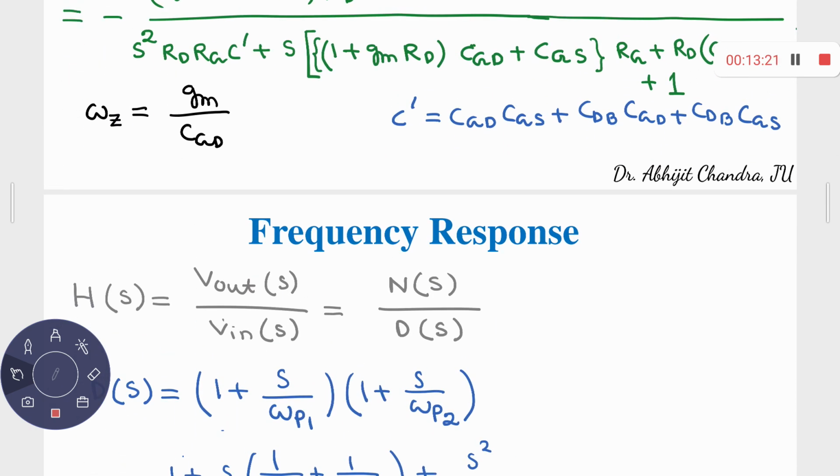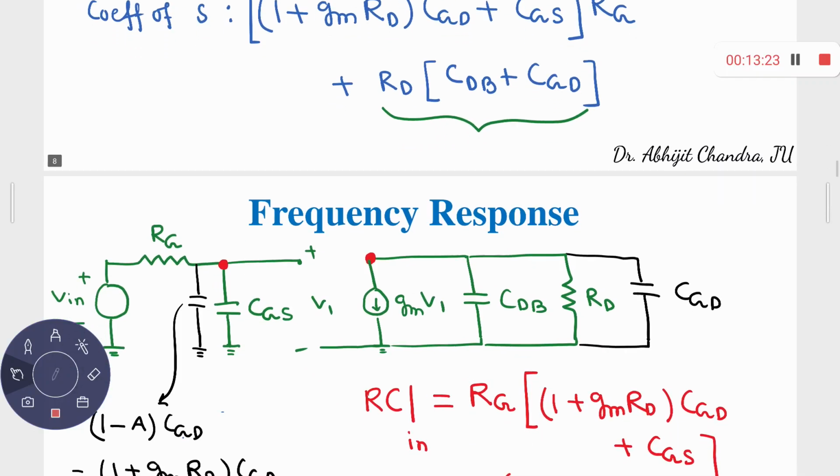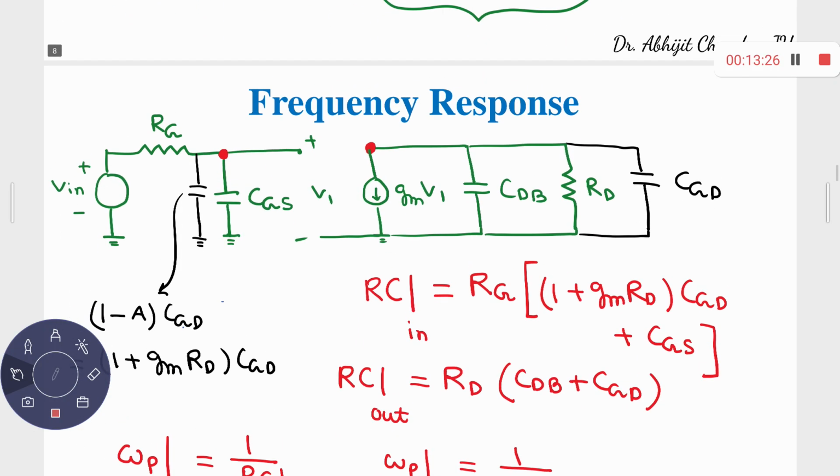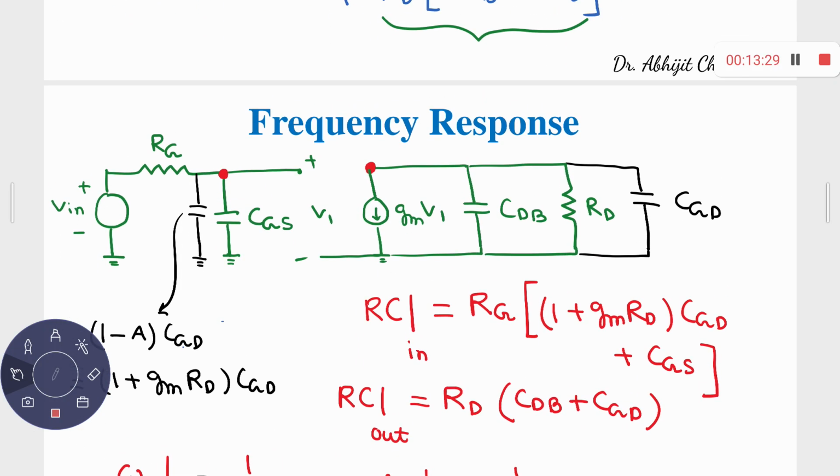This is the exact expression, exact calculation. Now already you know that this is my circuit. The circuit looks something like that. You have this circuit now. This is basically the supply.